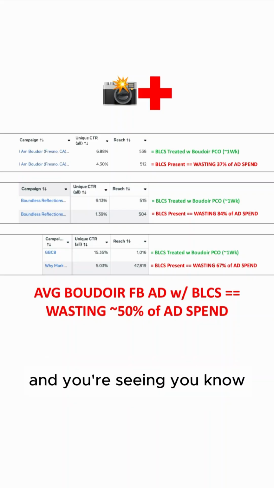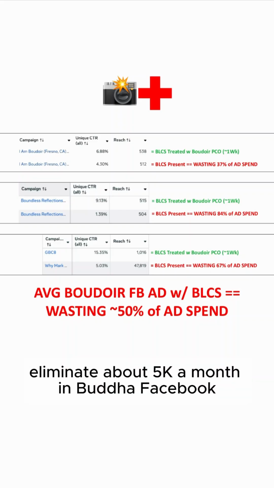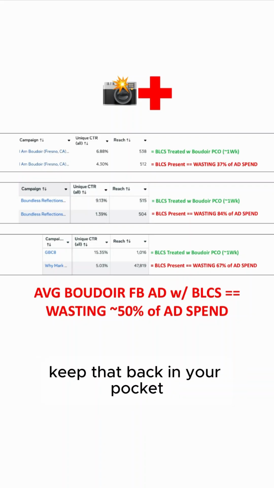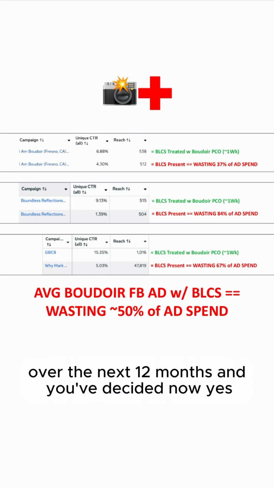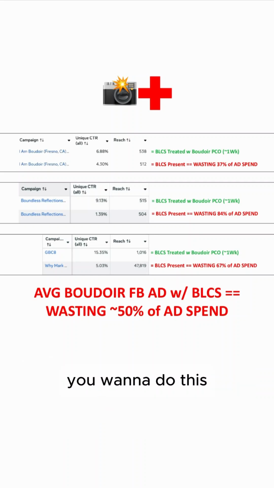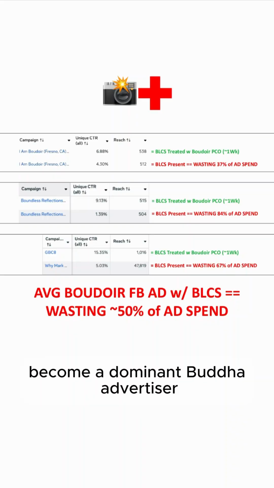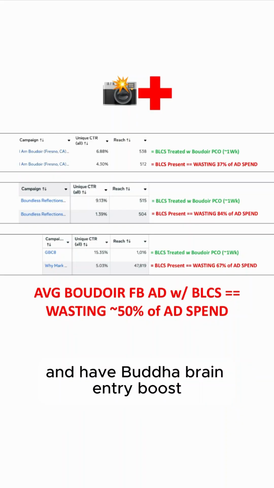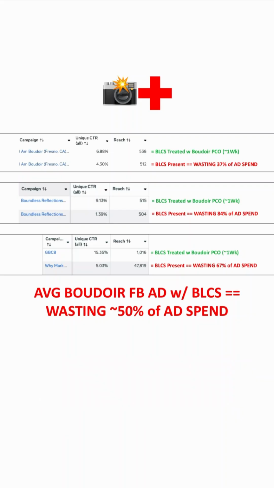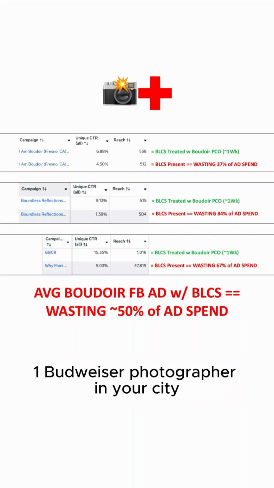And you're seeing you can probably eliminate about 5K a month in wasted Boudoir Facebook ads and keep that in your pocket. That'd be approximately 60K over the next 12 months. And you've decided now, yes, you want to do this. You want to achieve pre-click alignment, become a dominant boudoir advertiser, and have boudoir brain entry boost on your path to becoming the number one boudoir photographer in your city.